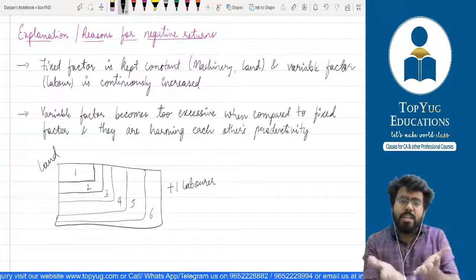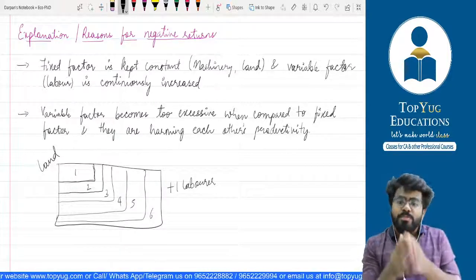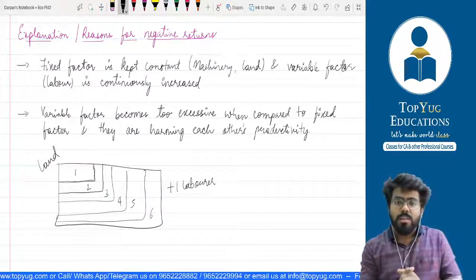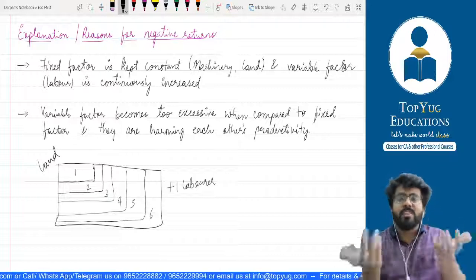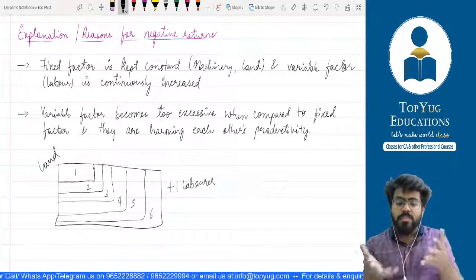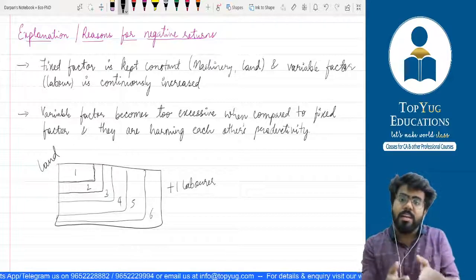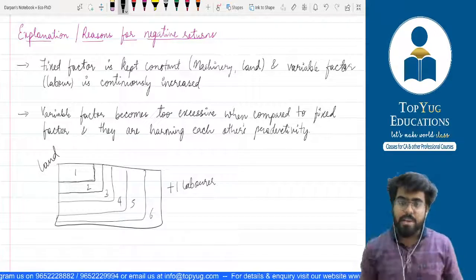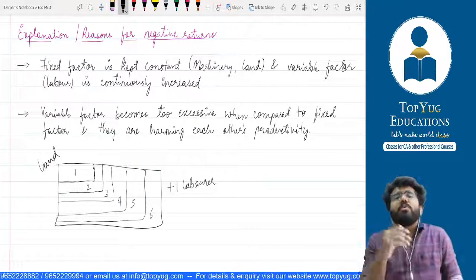If there's no place for him and I'm still employing him, what will happen? Obviously, he will affect other people's productivity, right? All the 6 were already working and these 6 people are employed in that land already. Now this additional laborer who is coming in, if he is also employed in this land, then what will he do? He will have no work.